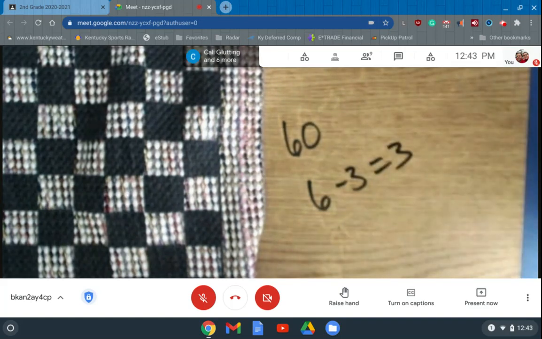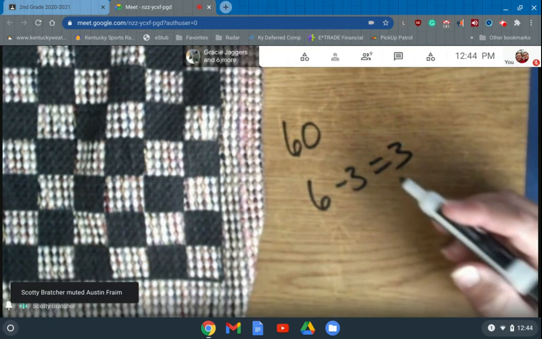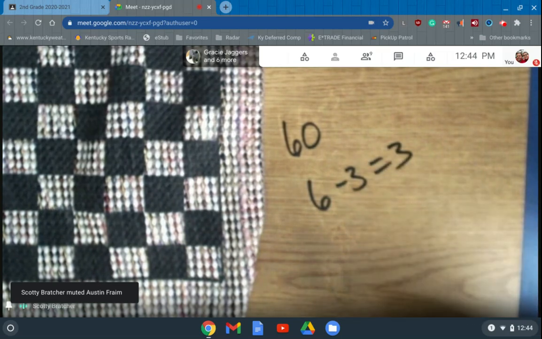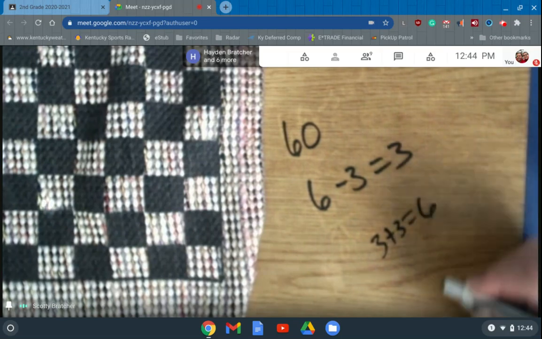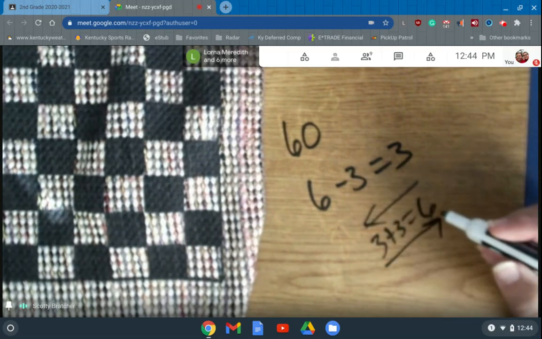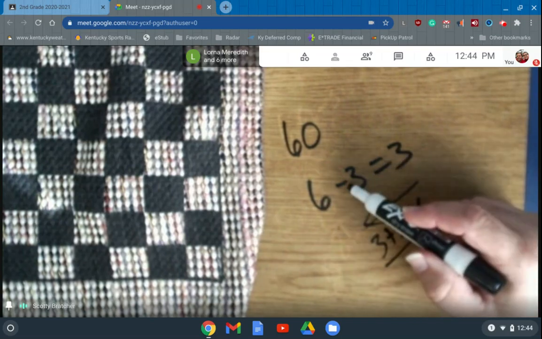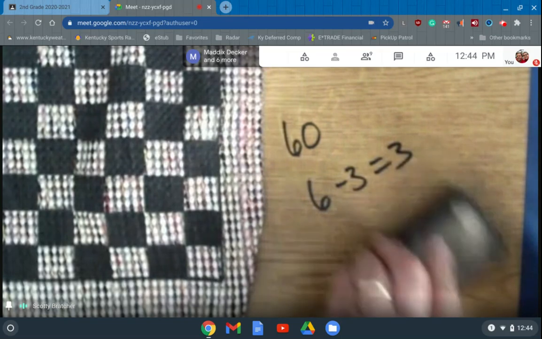Now, that's an easy fact. That's the opposite of our double 3. 3 plus 3 equals 6. If I'm going that way, it's 6 take away 3 equals the other 3.